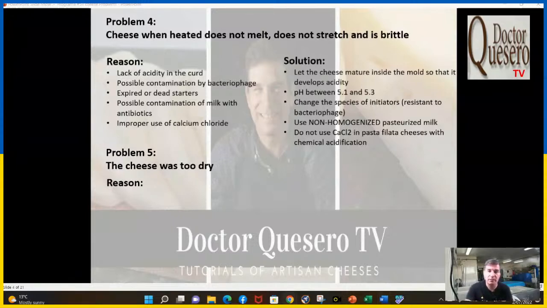I'm going to explain. It will depend on the type of bacteria that you use. If you use direct set bacteria, it's like a powder, and the bacteria inside is sleeping, because it comes from the freezer.